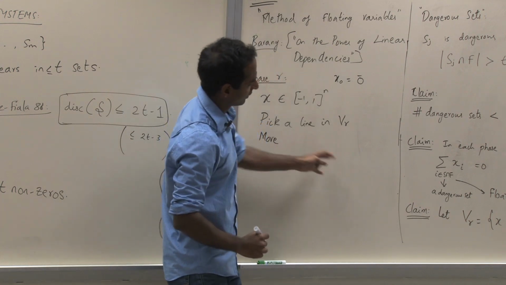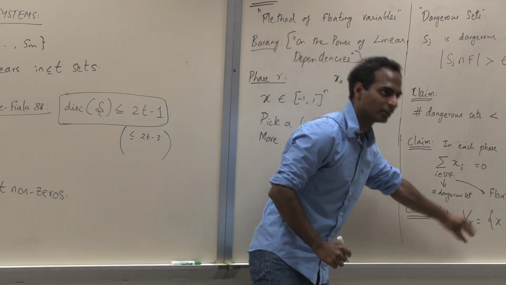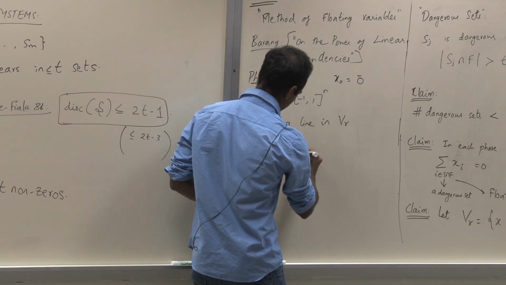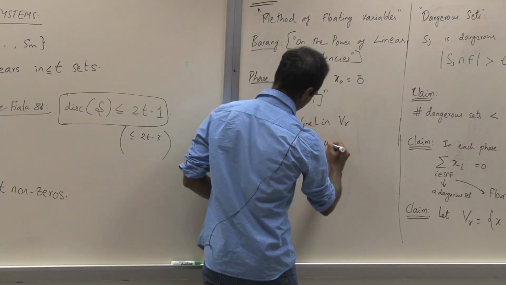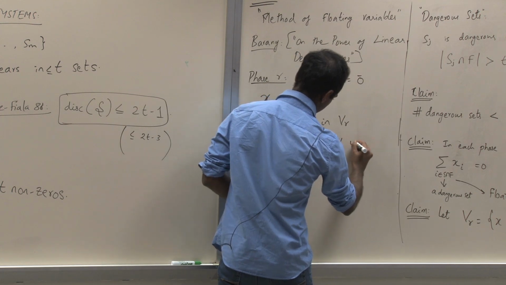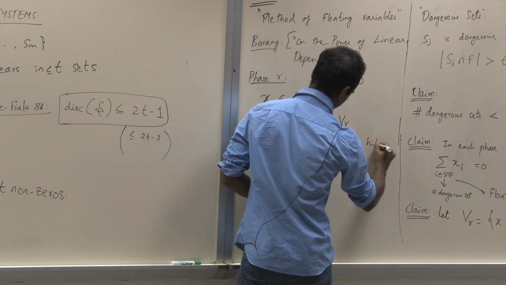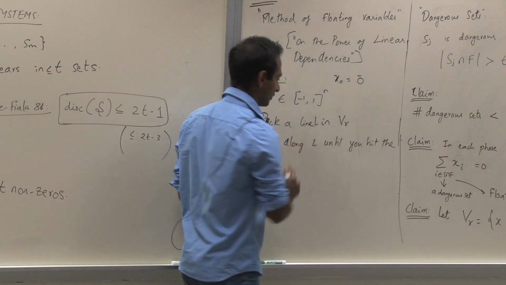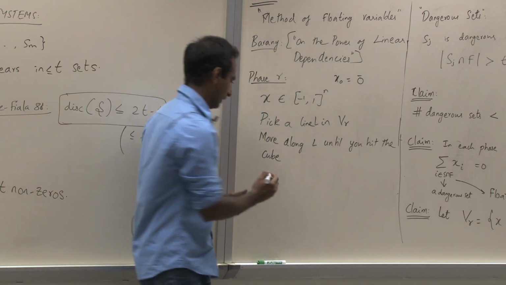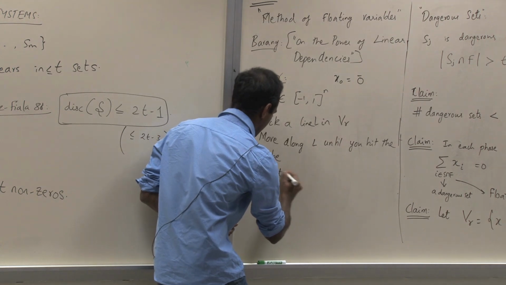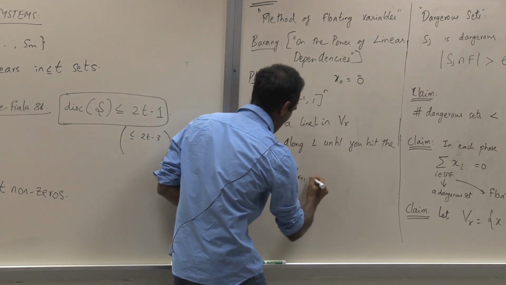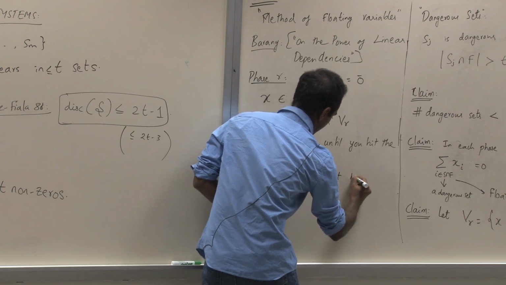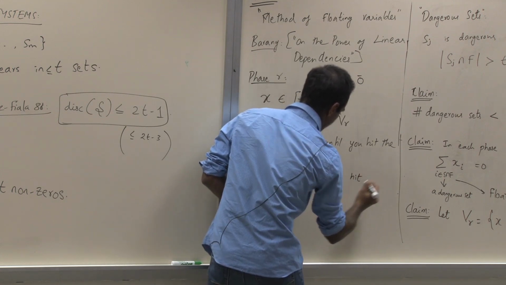So you pick a line in this subspace Vr, just move along it, and set x_{r+1} equal to the point you hit.